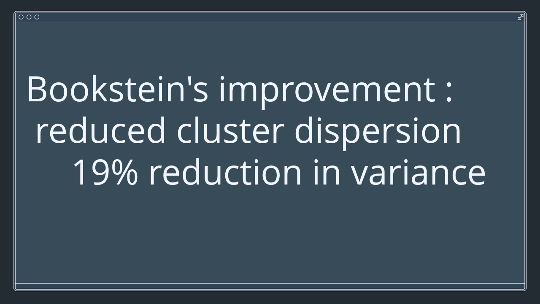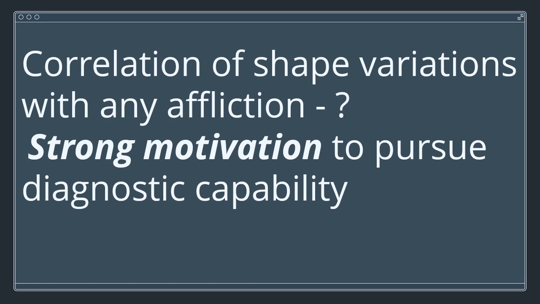Bookstein's 19% improvement is a variance reduction in his figure 9. Without reproducing that figure here, the viewer can understand that different patients will have a different spread of landmarks, and so, if those variations correlate with any type of affliction, we have strong motivation to pursue that diagnostic capability.